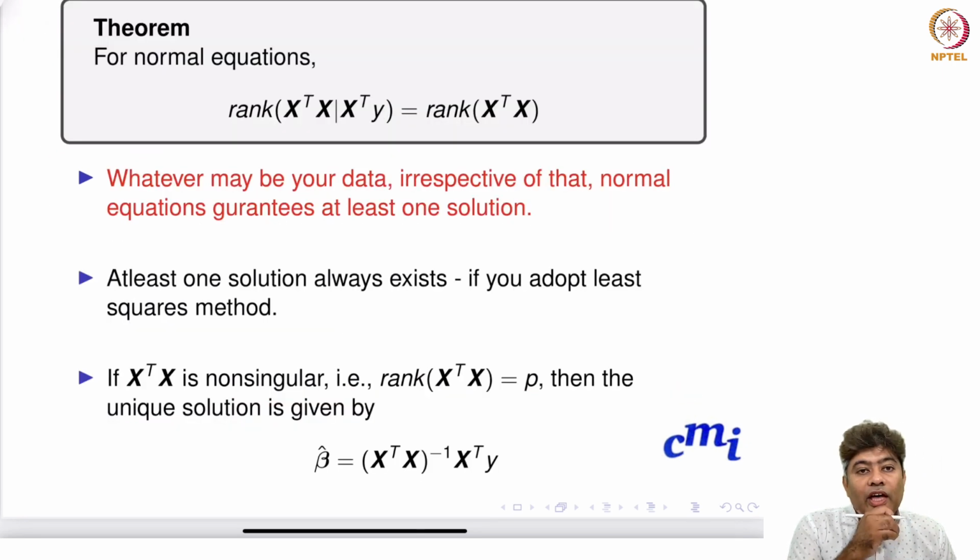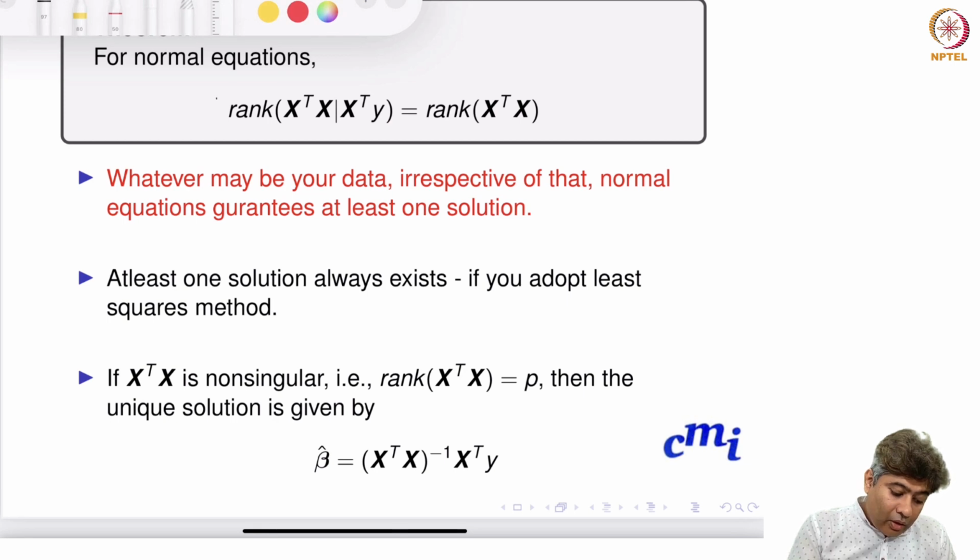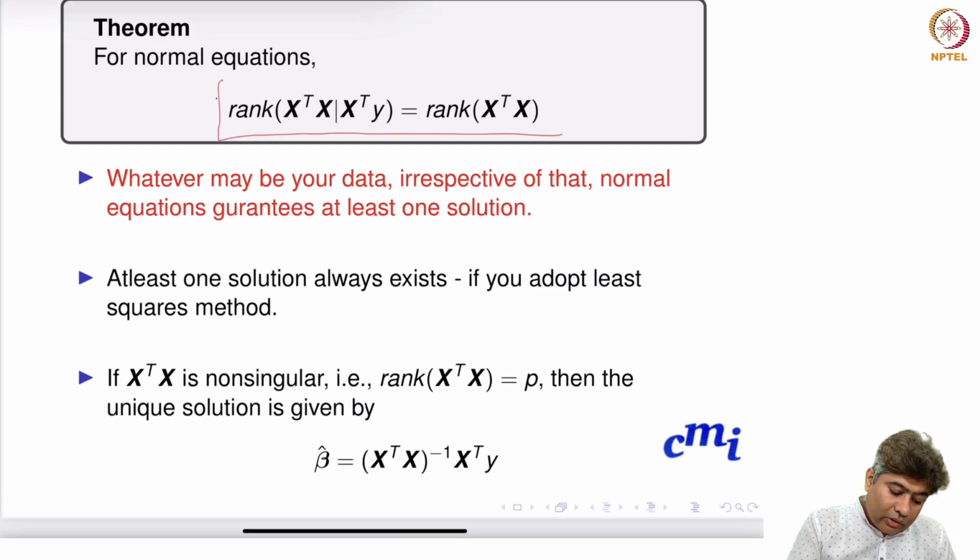Now we have a theorem for the normal equation. One can show that the rank of X transpose X is equal to the rank of augmented X transpose X with X transpose Y, which is equal to the rank of X transpose X. You can show this. So what does it mean?